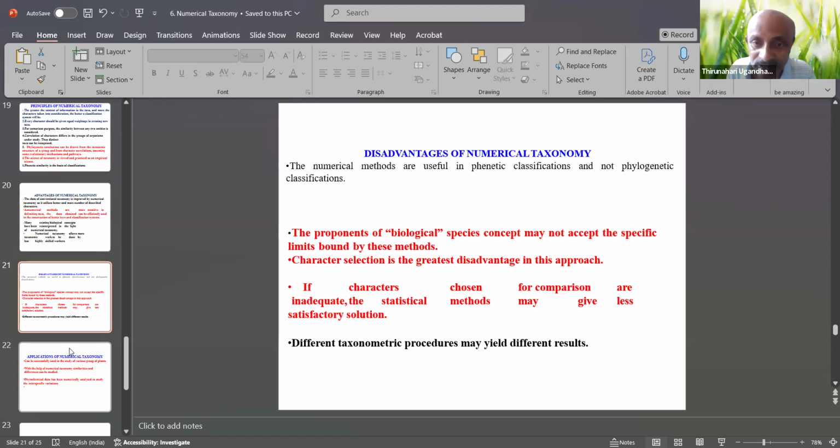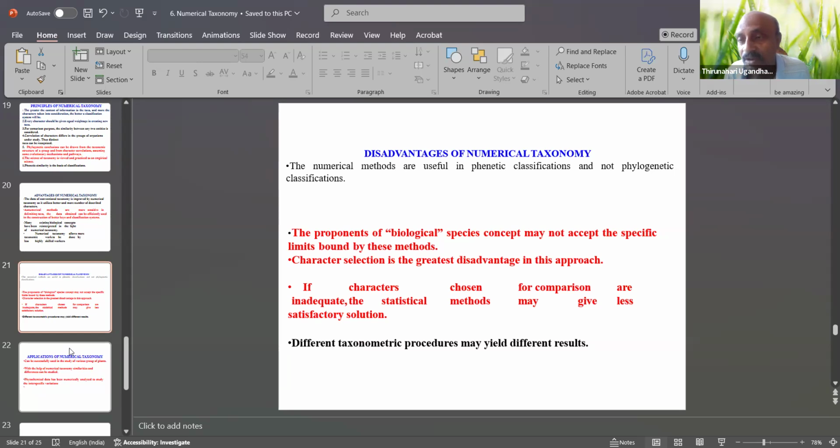The proponents of biological concepts may not accept the specific limits. The selection of characters is the greater disadvantage of this approach. It is not sure that all plants have the same qualities. So different taxonomic procedures may yield different results.